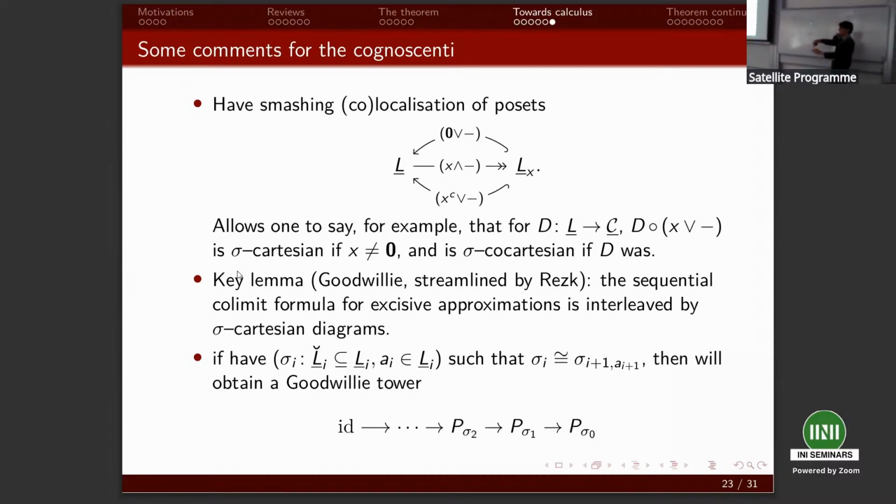So if I have a tower of excitable posets for which Li is the same as Li plus 1 smashing localized at some element Ai plus 1, I'm going to get this tower. So for any kind of smashing localization of posets, you get this tower of excited approximations. So that's how these towers and graphs and whatnot show up when you say things like this.